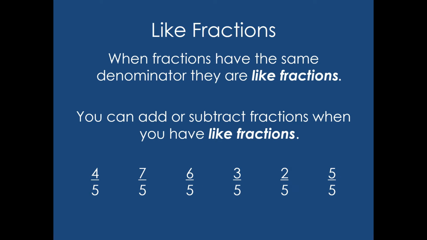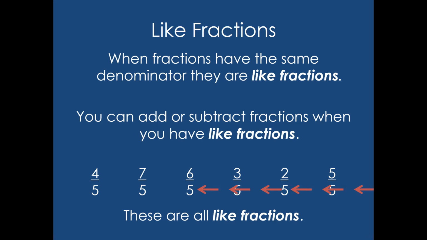Examples: we have 4 over 5, 7 over 5, 6 over 5, 3 over 5, 2 over 5, 5 over 5. If you look at the denominator, they are all like or same. These are all like fractions.